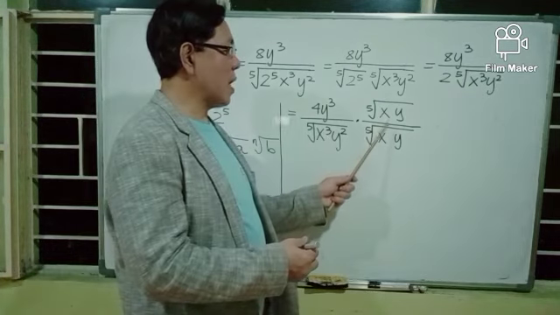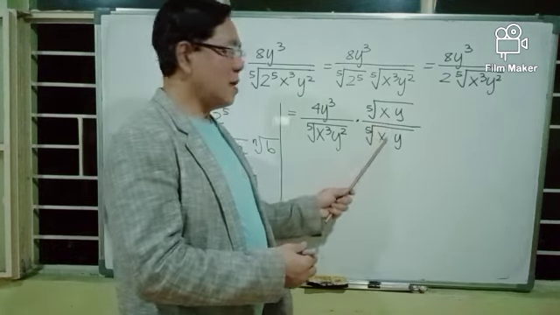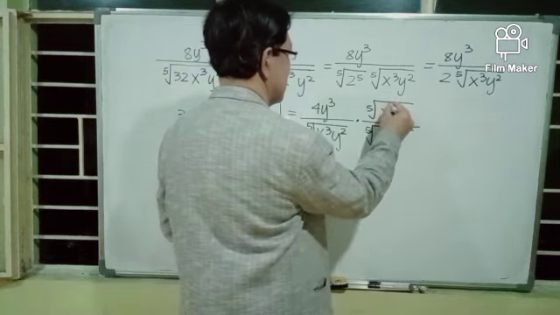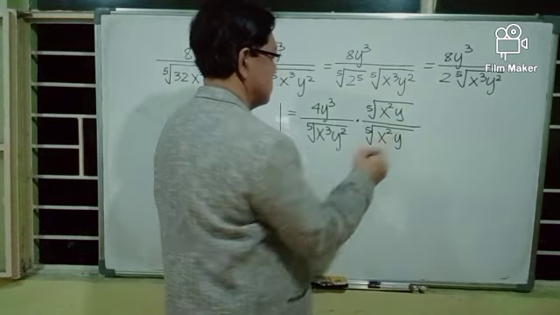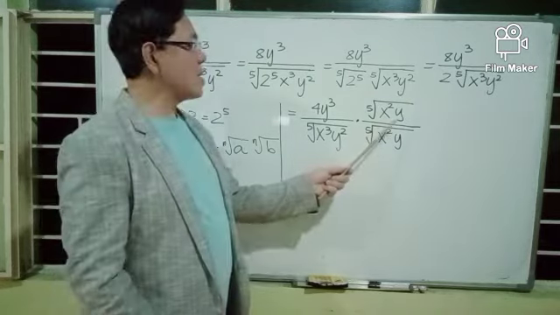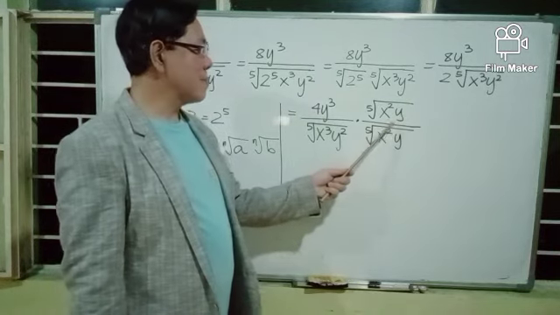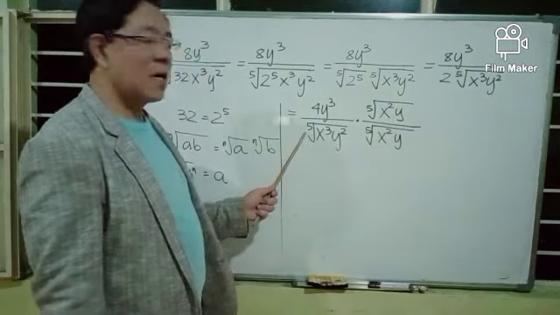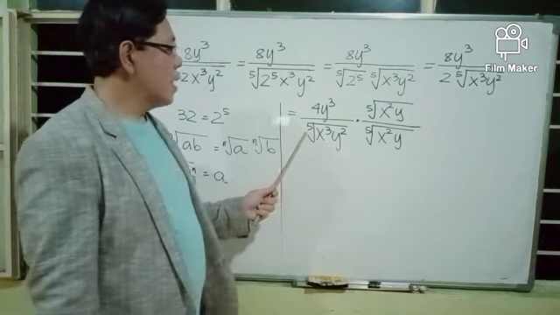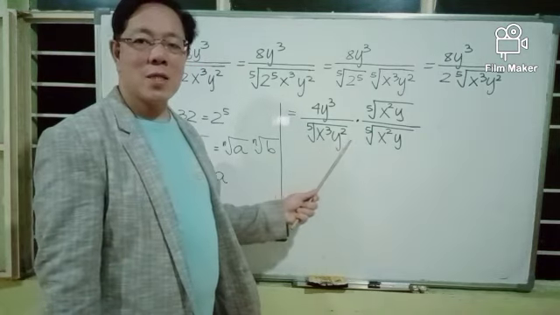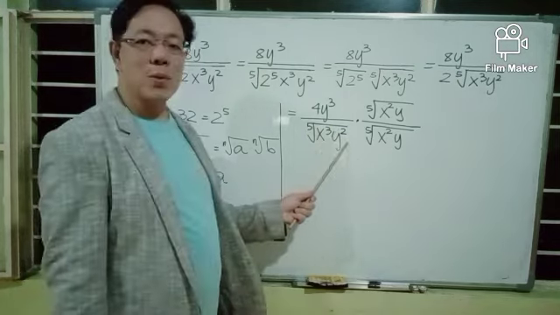Hence, the exponent of x here and here is 2. The exponent of y is the difference between the index 5 and the original exponent of y, 2. 5 minus 2 is 3.